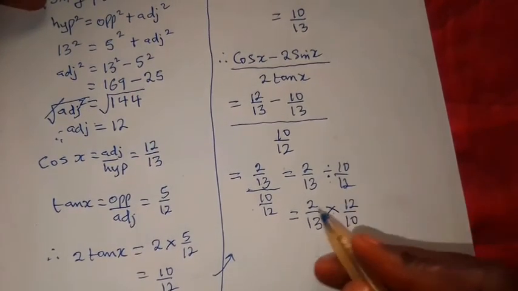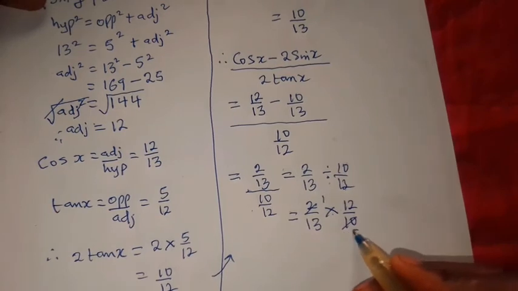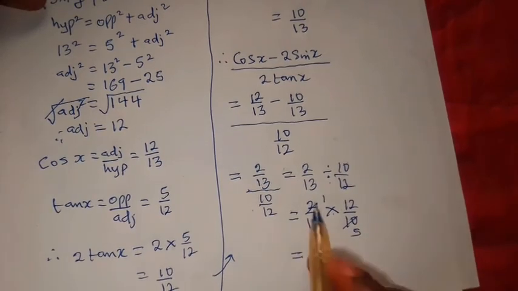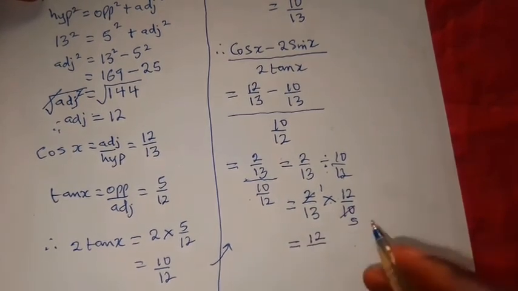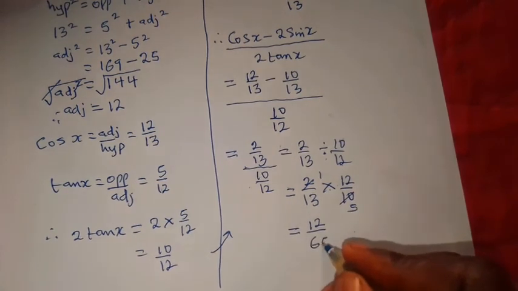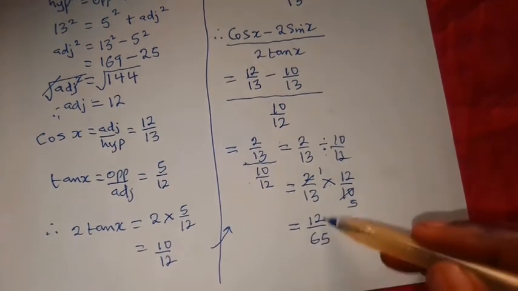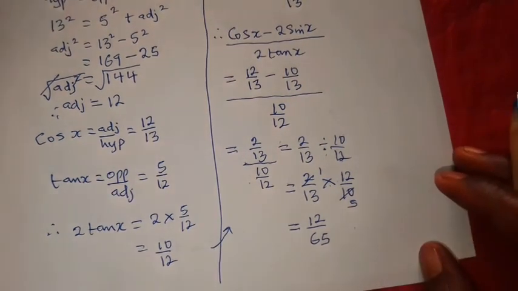Now from what we got here, 2 can divide itself 1 and divide 10 5. So our final answer will become 1 times 12, which is 12, divided by 13 times 5, which will give us, of course, 65. Now, there is no highest common factor between the two of them for us to divide with. So this is going to be the final answer to this question.